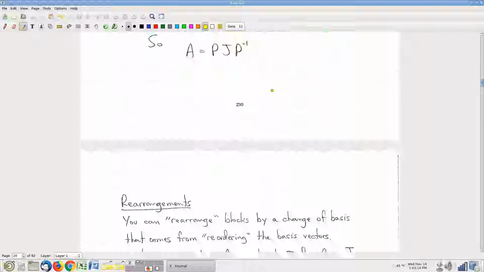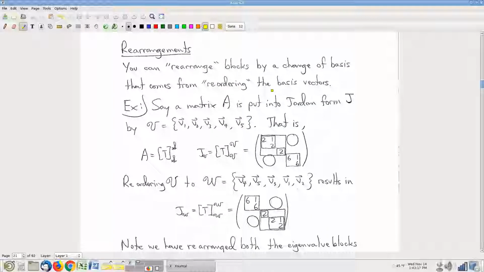Okay, we had this discussion about rearrangements, and you've probably noticed on the additional homework problems that there's at least one, maybe a couple, with questions relating to rearrangements of blocks in Jordan form. The big idea is to notice that when you rearrange blocks, you're really doing a change of basis, in which you're reordering the basis vectors.